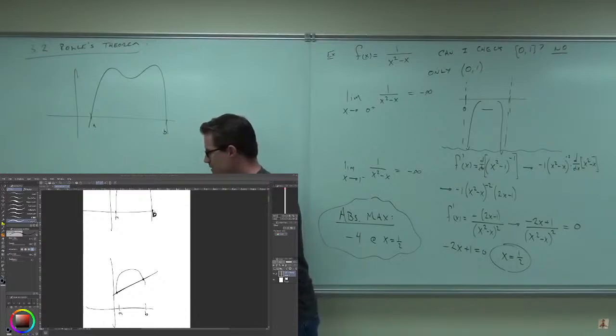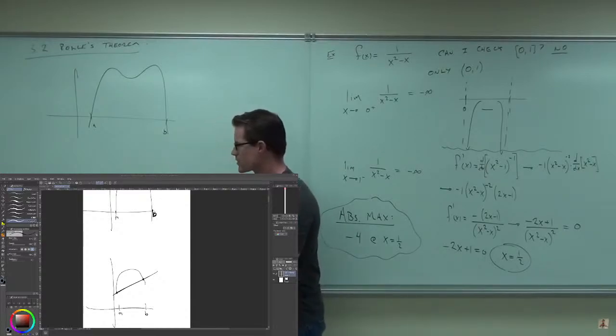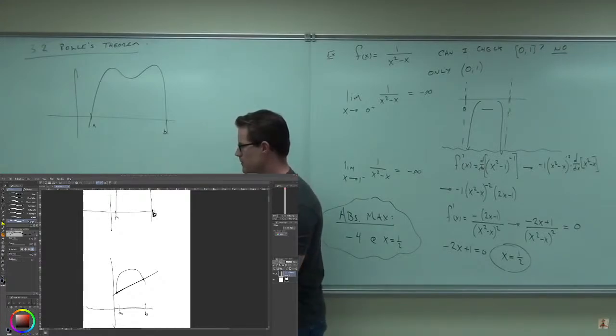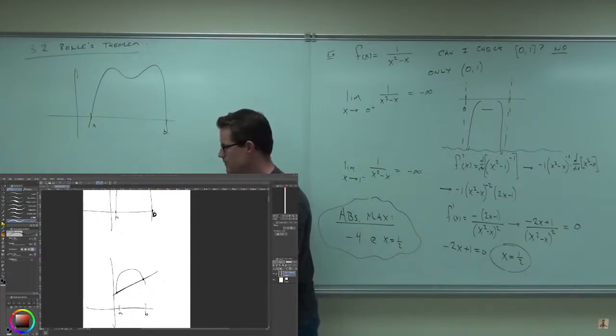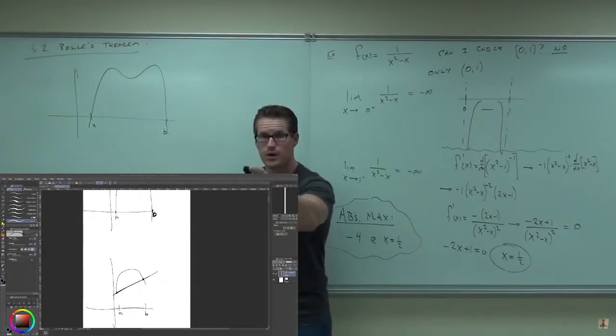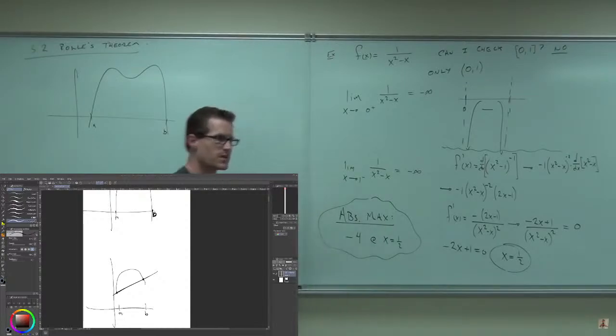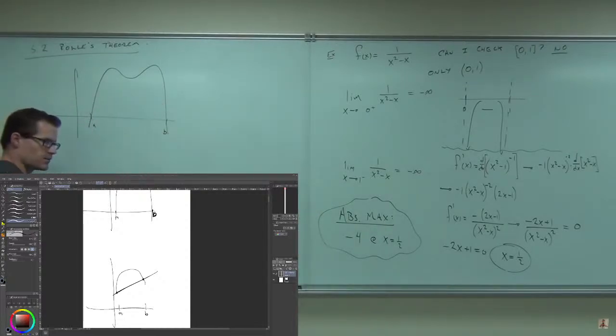what has to happen at some point along this curve with the slope? Not zero. Parallel. What was it? Parallel. Good, parallel. What do you know about parallel lines? Okay, so would you agree that somewhere from here to here, this will have the same slope as this? Yep. Now, make the jump.